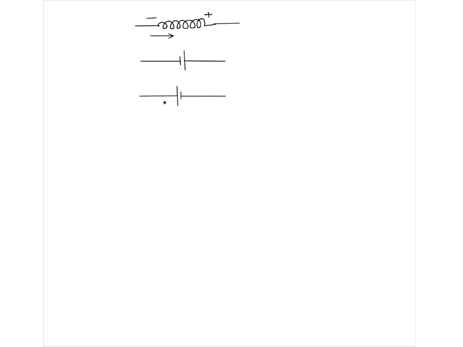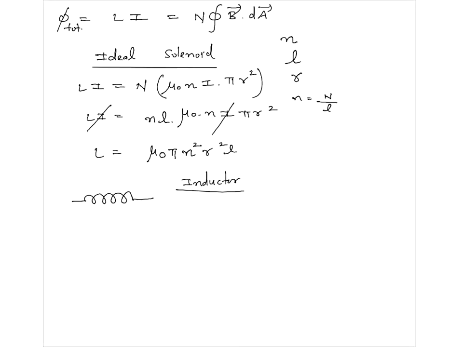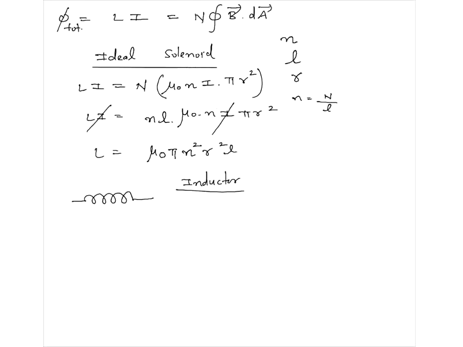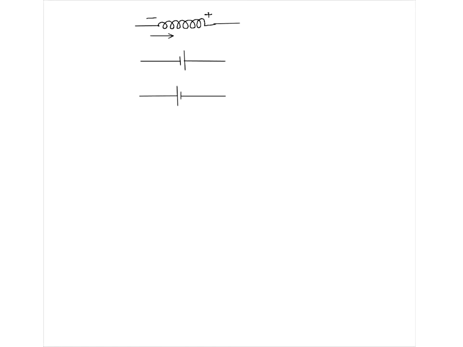This EMF that it is generating is basically minus L di by dt, with sign. With sign means mathematics is telling you the sign. But if you use a common sense approach to get the sign, then use mod.